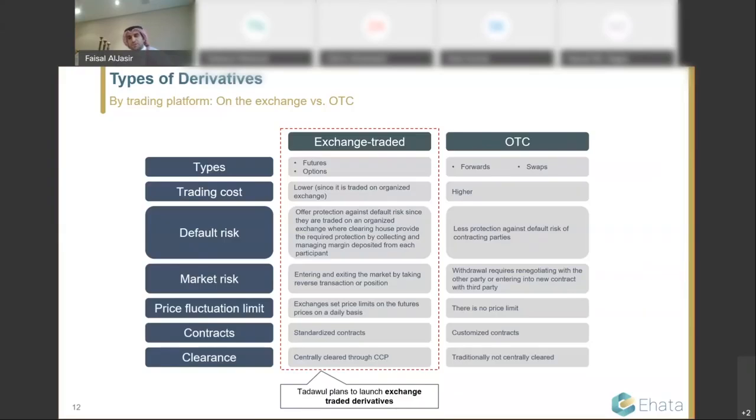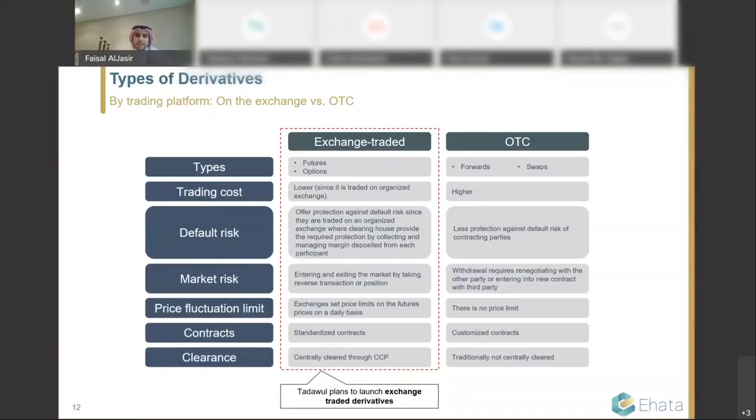In the OTC, you get less protection against default risk. The default risk is mainly managed bilaterally between the parties, and you normally find it governed by documents such as the one from the International Swaps and Derivatives Association, called the ISDA.